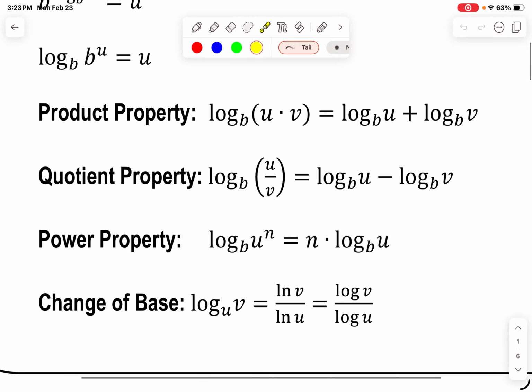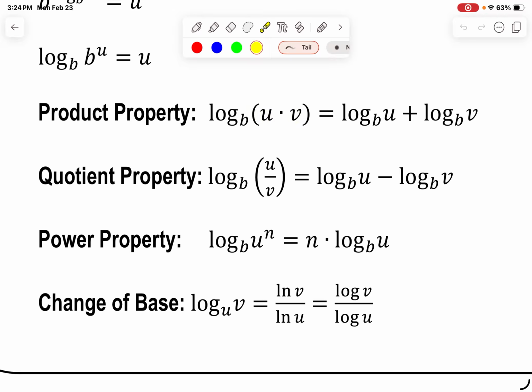All right, so here are 4 new properties that are very important and that we'll be using all today, so we have to make sure that we know them. The first one is the product property. If you have log base b of 2 things, 3 things, 100 things being multiplied, so if you see factors, you can break this up into 2 separate factors, like u times v.